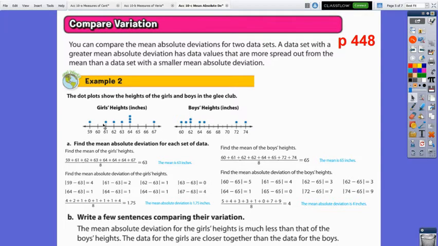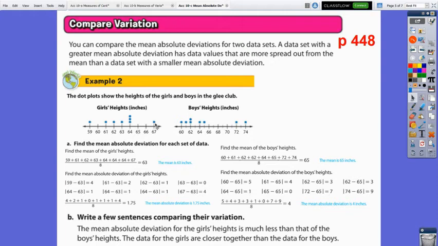And so to find the mean, you have to add all of these things up. 59 plus 61 plus 62, 63, 64, 64 plus 64 plus 67. So you do all that here, divide by how many there are, and find the average, the mean. Then they calculate the absolute value of the difference for each data point.